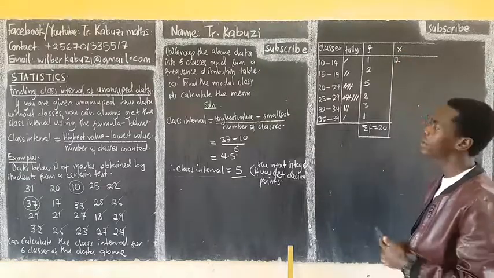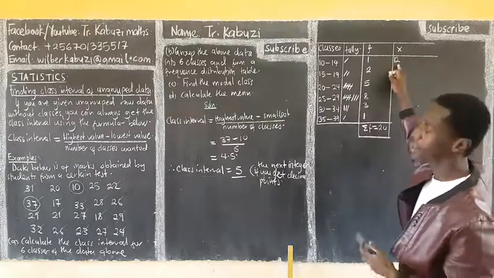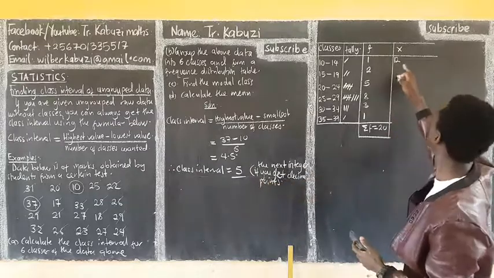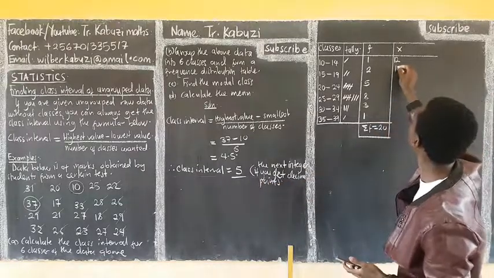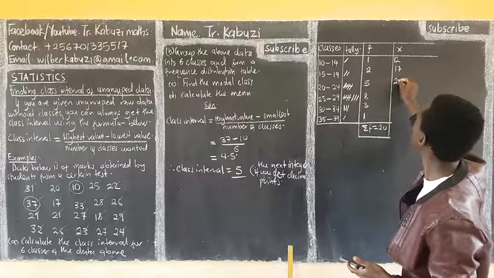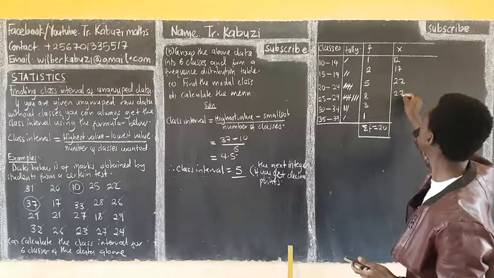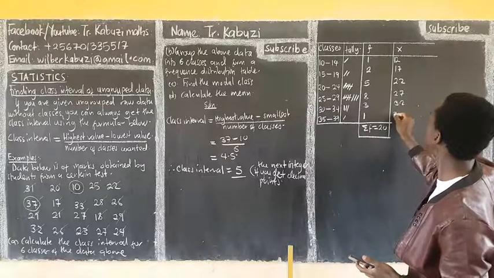After getting 12, I told you if you know this first midpoint and the class interval, just add the class interval on this. As simple as that. When you add 5 here, you shall get 17, 22, 27, 32, 37.